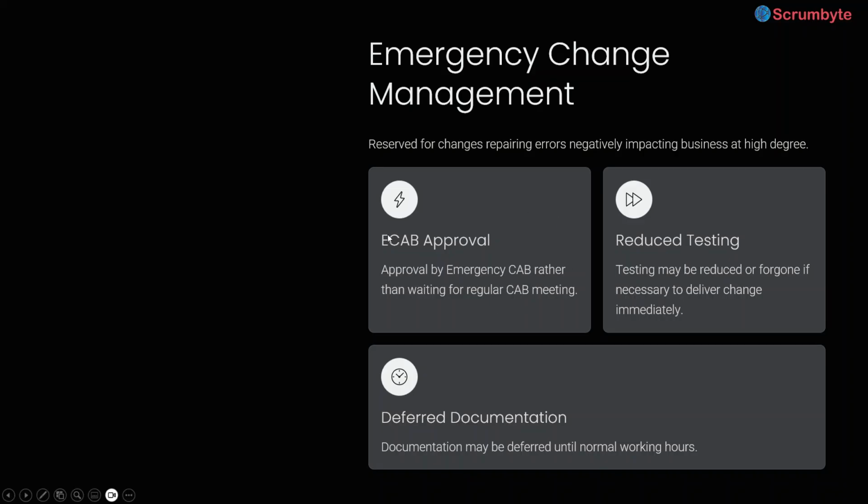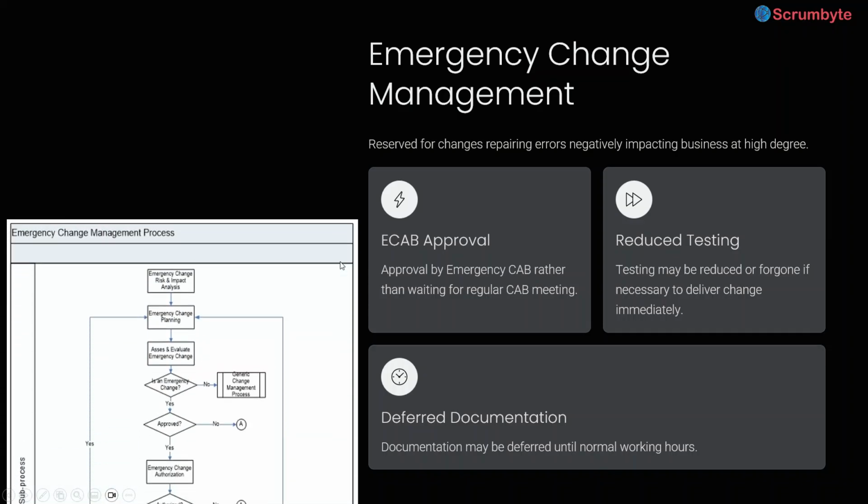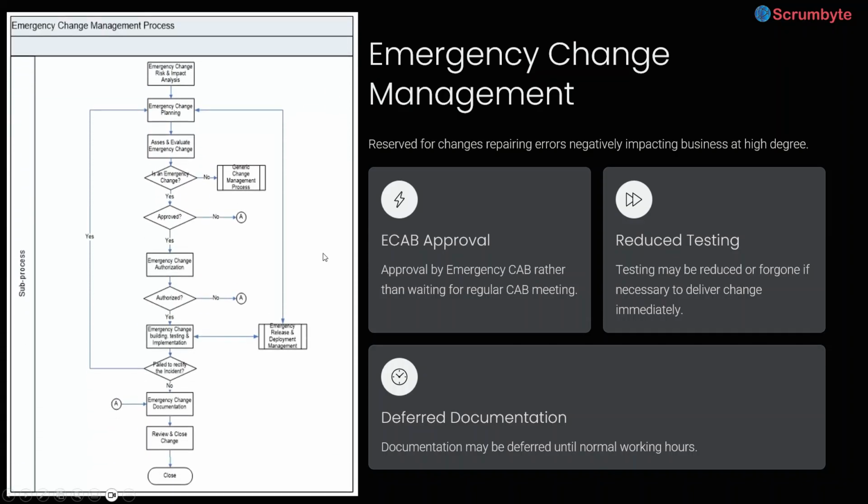To understand this whole emergency change management, also have a look at this process flow diagram. I would suggest you pause this video and go through this entire chart. One of the key things here is that it interacts heavily with the emergency release and deployment management team, which is either a separate team, or the same team who may have to work extra hours to ensure that the change is actually implemented.